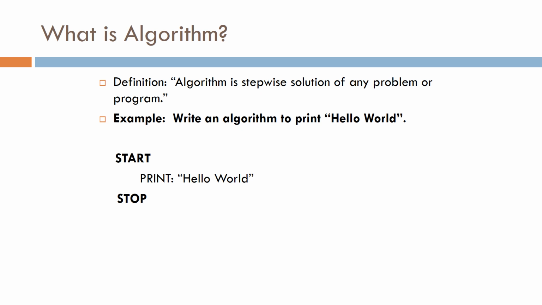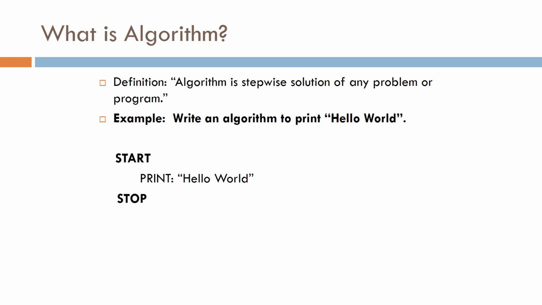So it is a stepwise solution, right? We are writing some steps to solve our program. So it is just a basic example. You can see here: write an algorithm to print hello world. If you want to simply print the message hello world, how can we write it?